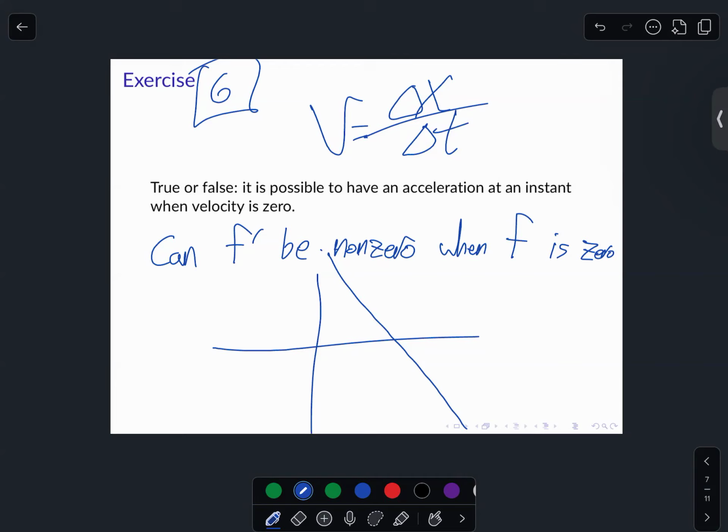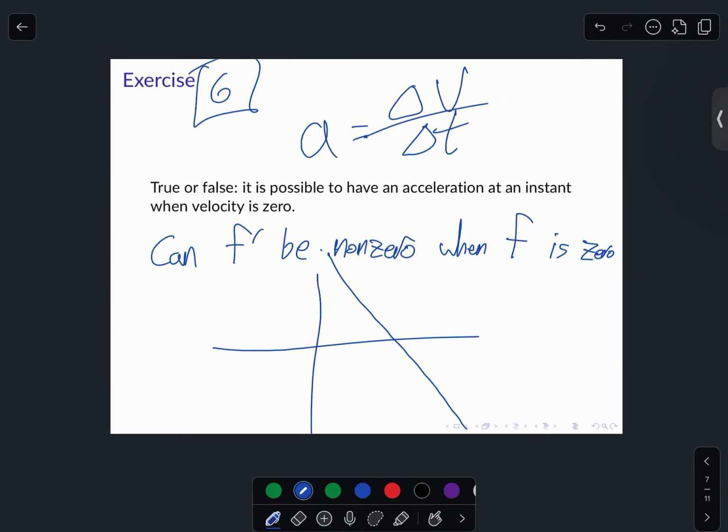As long as your x changes, you still have a velocity. Likewise, analogously, mathematically equivalently, a rate of change of velocity can be non-zero even if v is temporarily zero. A is the slope of v. And if v is changing, I don't care what its value is, acceleration is the change in velocity divided by time.